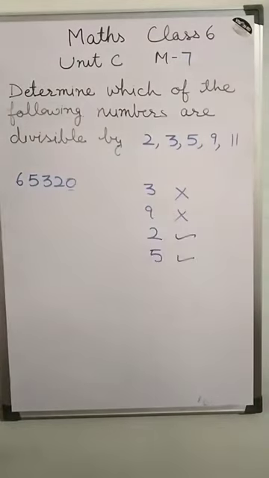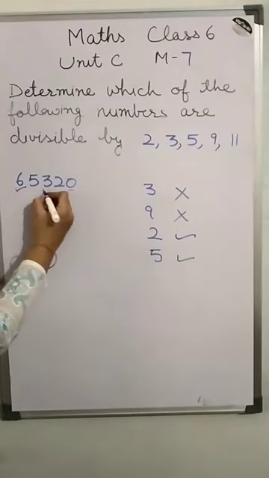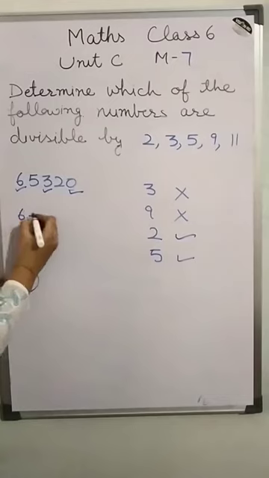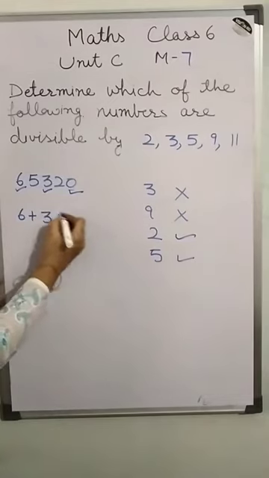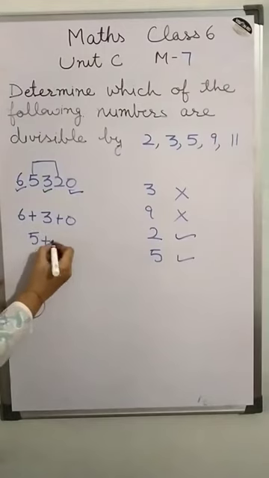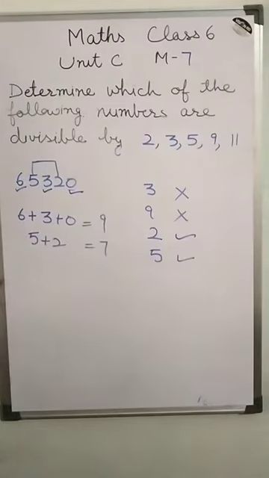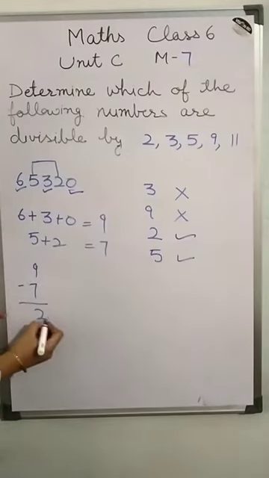Now for the divisibility of 11, add the alternate digits. 6 plus 3 plus 0 is 9, and 5 plus 2 is 7. Subtract these numbers, 9 minus 7, which is equivalent to 2.